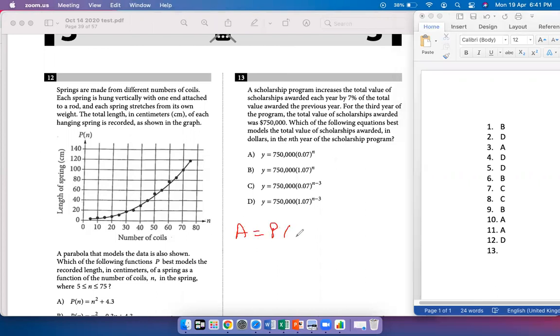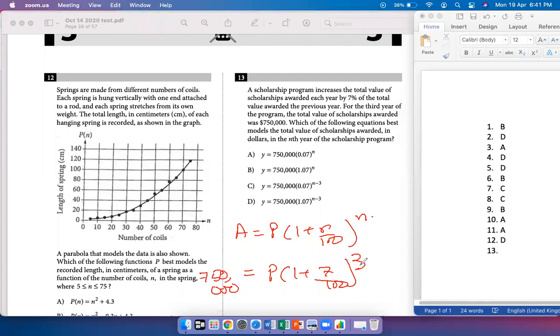A is P times 1 plus R over 100 to the power n, right? Now here I know that I'm given the value in the third year of the scholarship program, which means that if I say 750,000 is P times 1 plus 7 over 100 to the power 3, right?